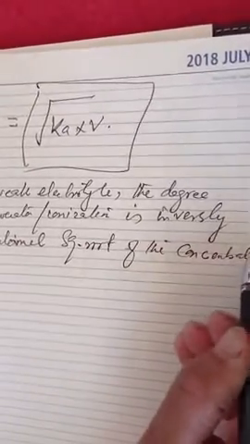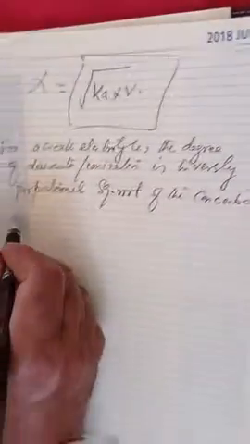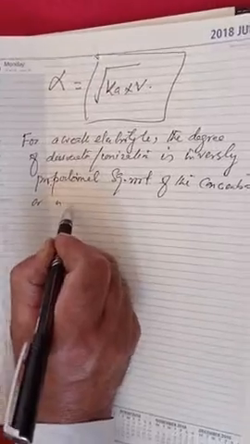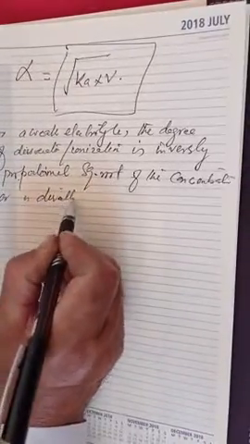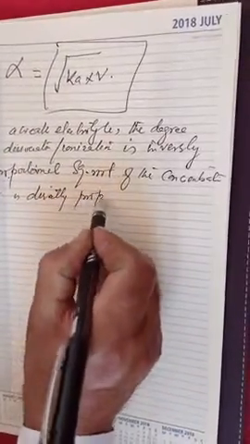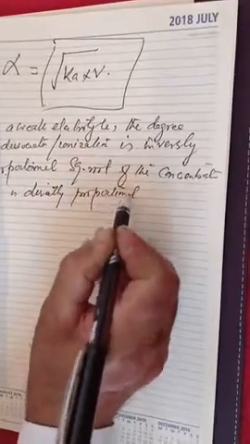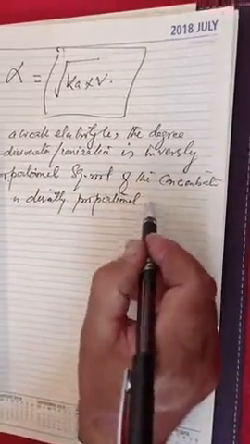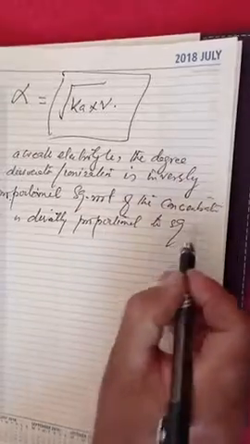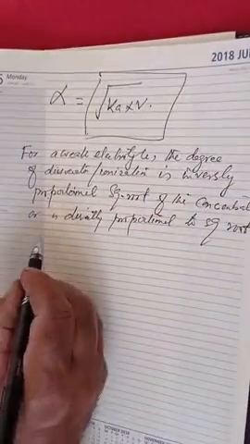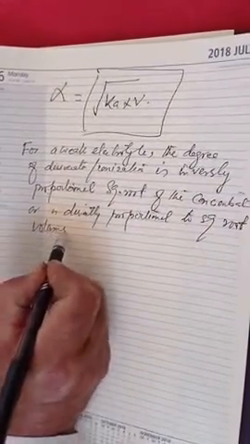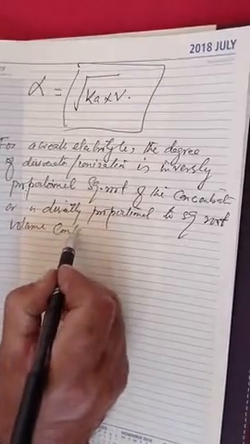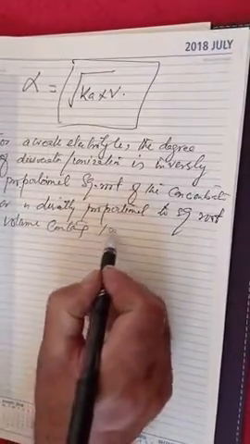that is molar concentration, or it is directly proportional to the square root of the volume containing 1 mole of electrolyte.